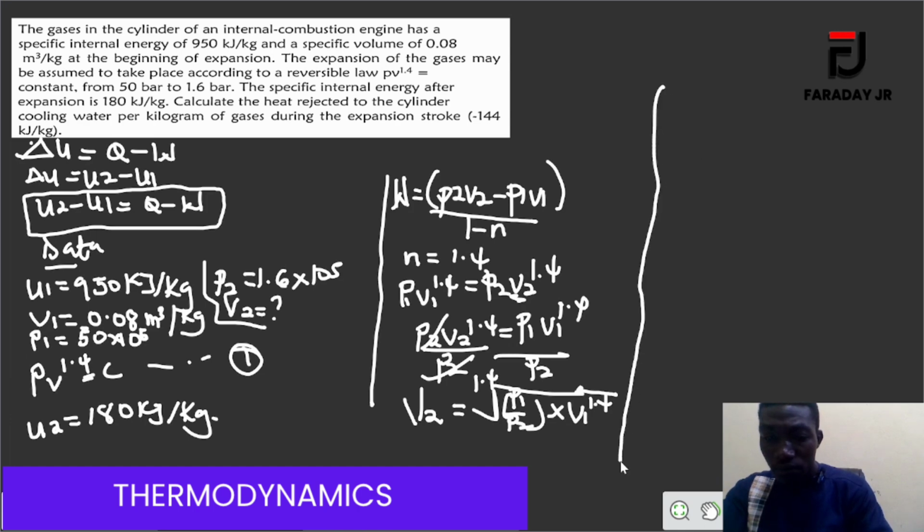Then V2 is equal to the 1.4th root of that expression, so substitute into it.